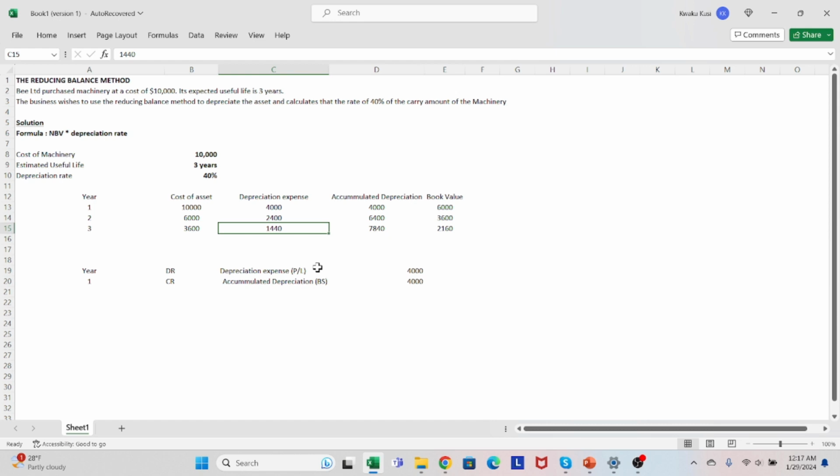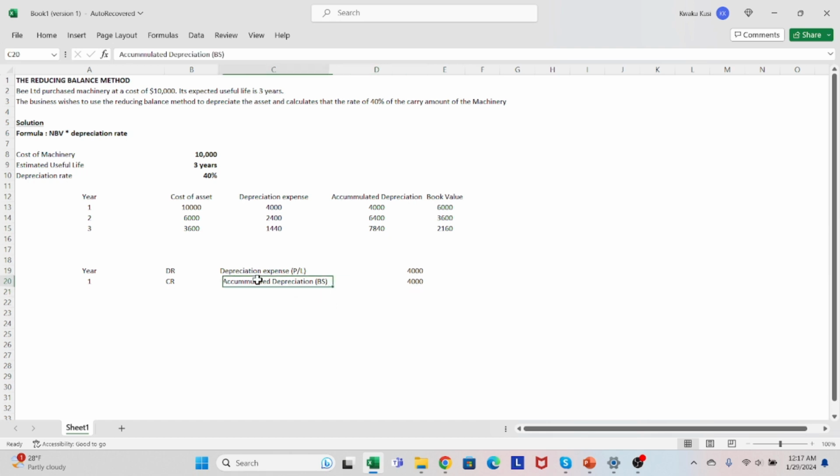So we will now go on to talk about how the postings will be done in the first year. In the first year, we will debit the P&L account with 4,000. We will credit the balance sheet with 4,000.